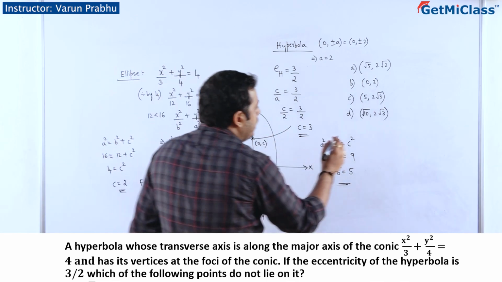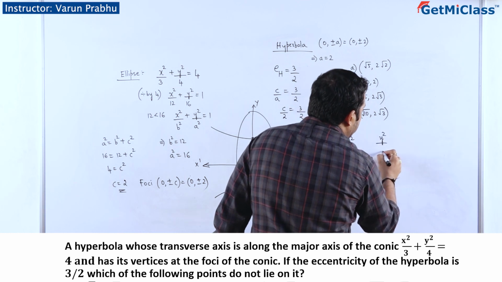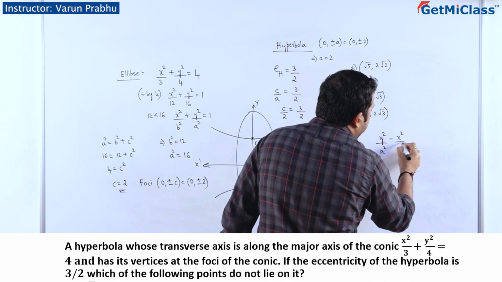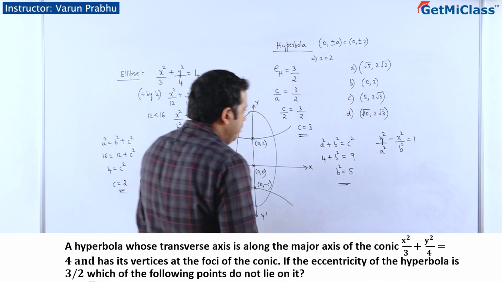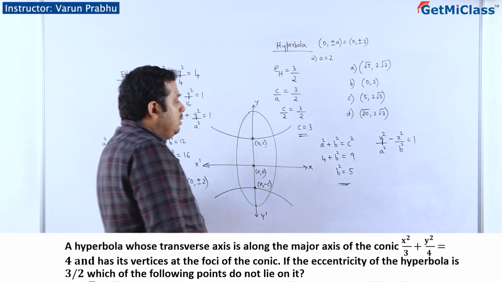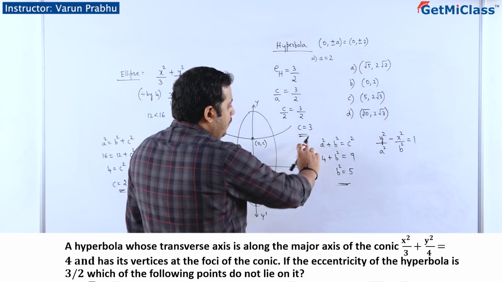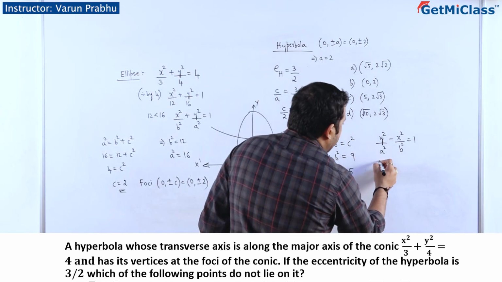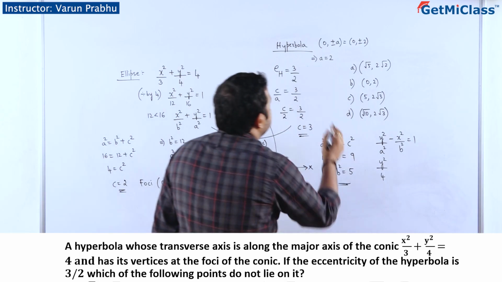So, the equation of this kind of hyperbola is y square by a square minus x square divided by b square equal to 1, because the transverse axis is on the y axis now, correct? So, now what is told in the problem? y square divided by a square, a is 2.